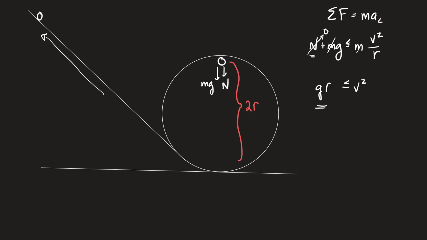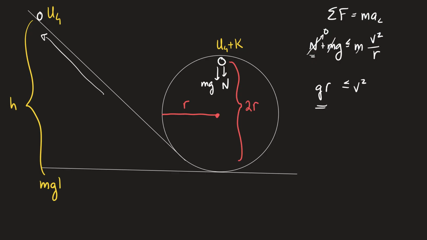And that clearly, this is just the radius. So if I go back to my concept of conservation of energy, I will have gravitational potential and kinetic when I'm here. And I'm going to release the ball with just gravitational potential. So I don't know how high this is, but I bet we can figure it out.